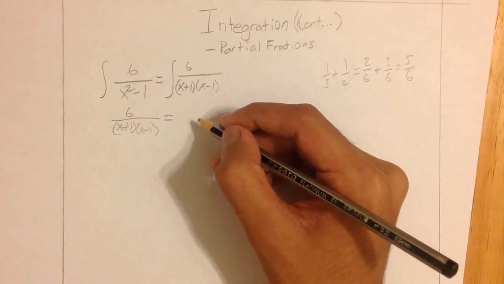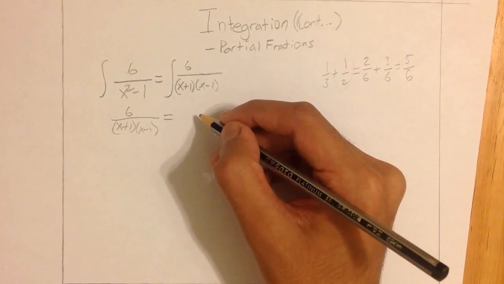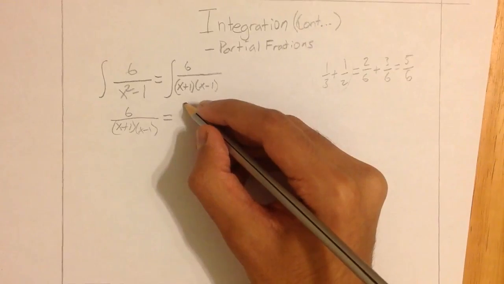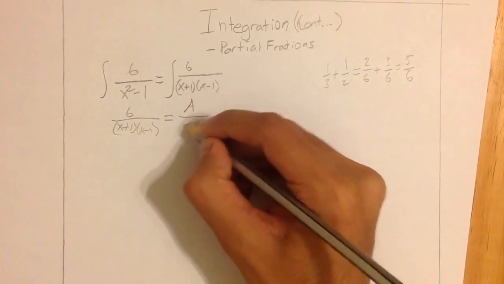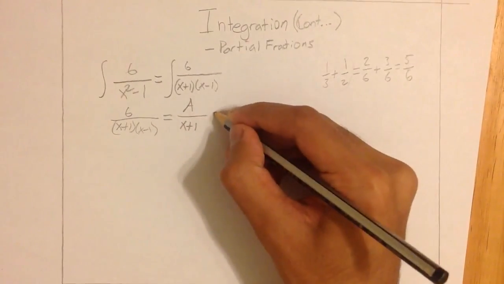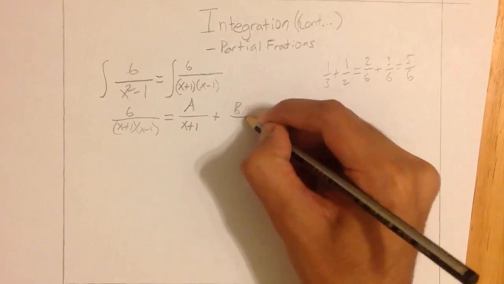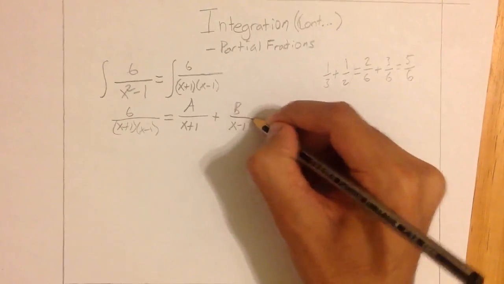We don't know what those fractions are, but we can use variables to make two fractions. So let's say a over x plus 1 plus b over x minus 1.